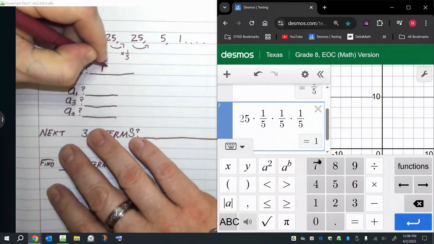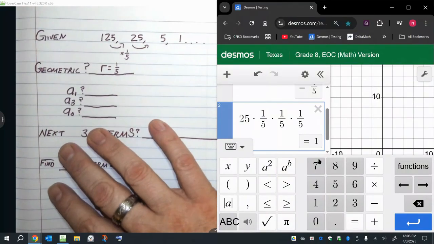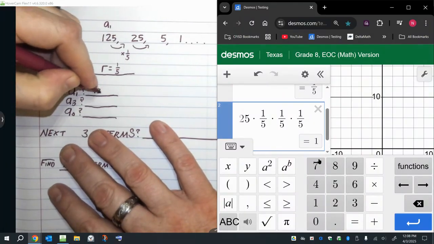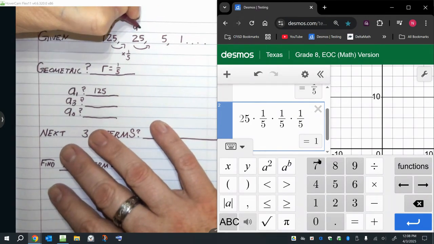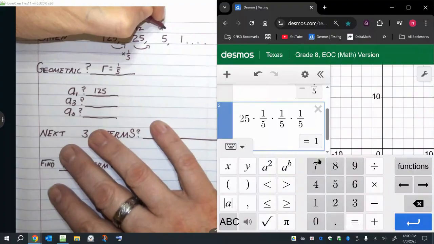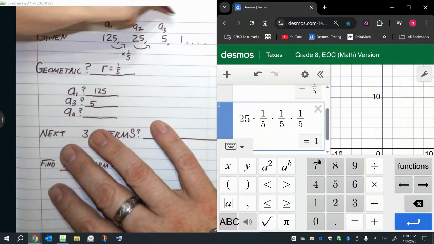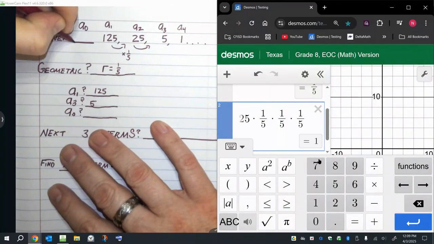So my r value is equal to 1/5. A sub 1, that's my first guy in the sequence, 125. A sub 3, that's my 5. He's the third term in the sequence. And it wants to know what is a sub 0. Well, how do I go back?